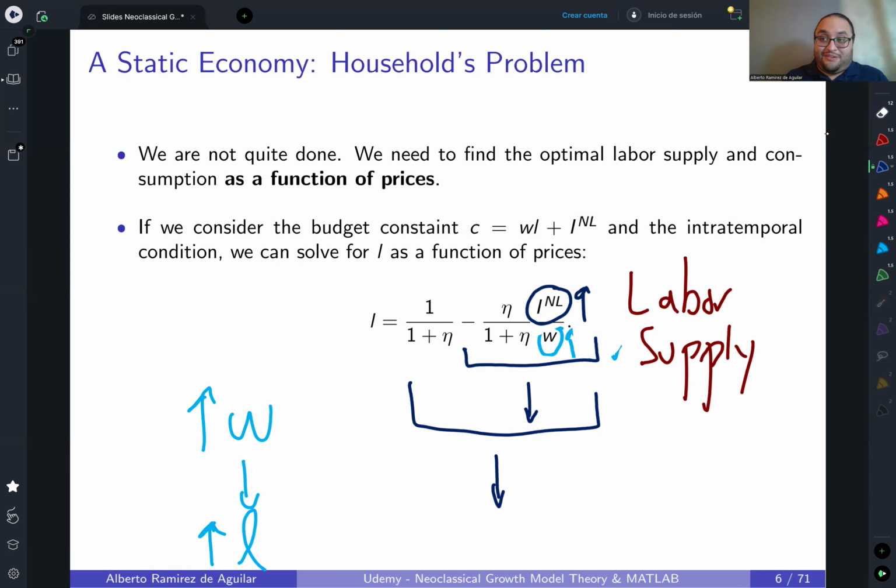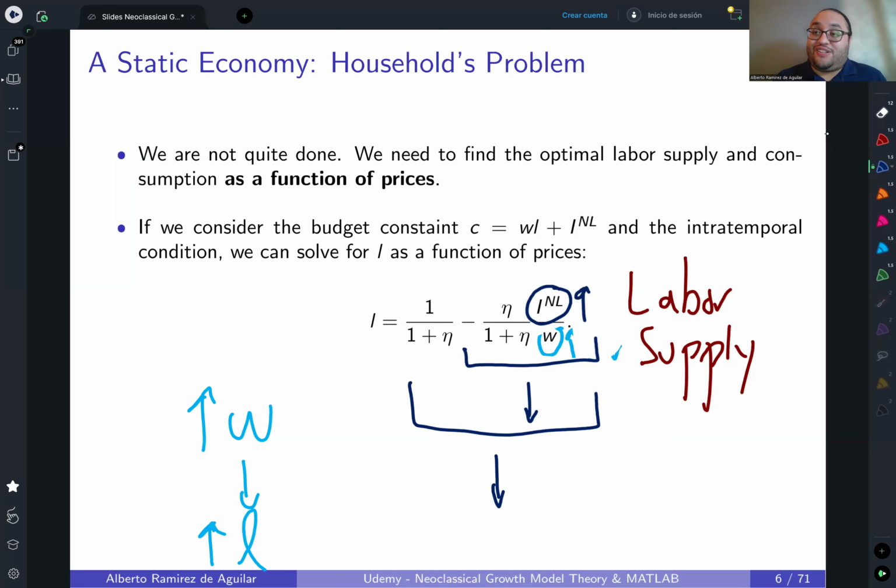Okay. Now, intuitively, the reason is the following. The non-labor income, well, remember that households don't like to work. So if households are richer and that wealth is not related to their labor, then they're gonna value more leisure, which means that they're gonna want to work less.